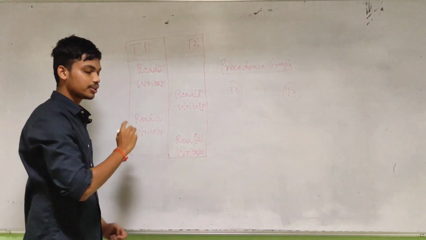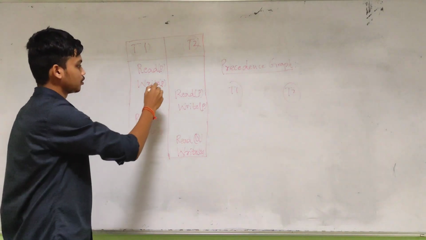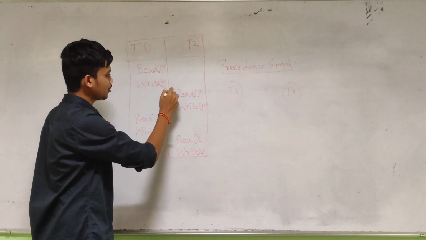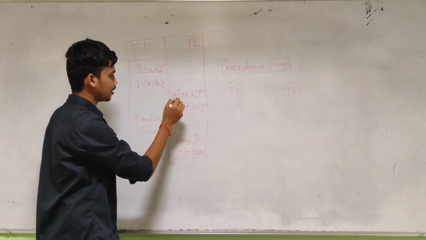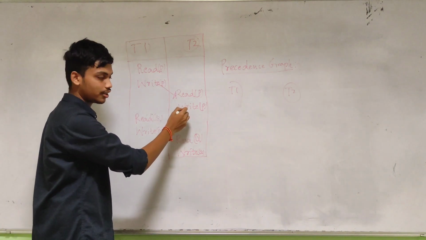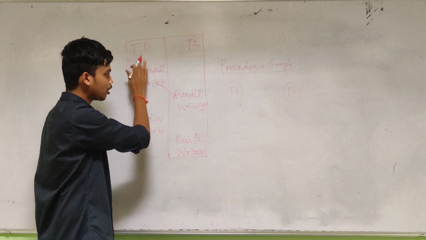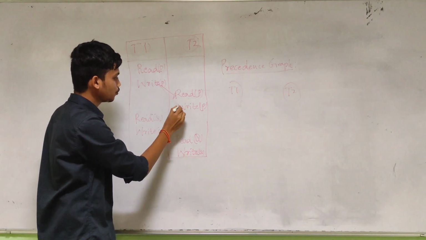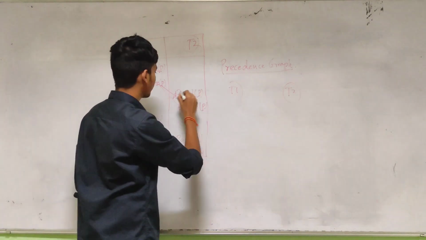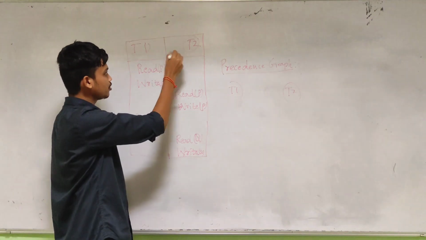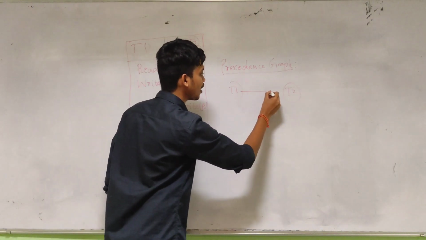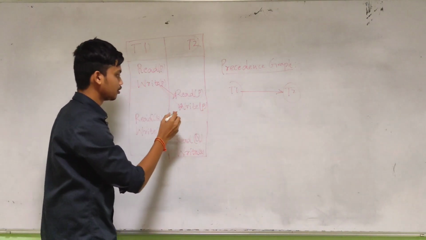I told you there should be at least one write. Here there is a write-read conflict, and also a write-write conflict. Go from top to bottom. So look at this arrow, T1 to T2. I am drawing an arrow like this, T1 to T2.